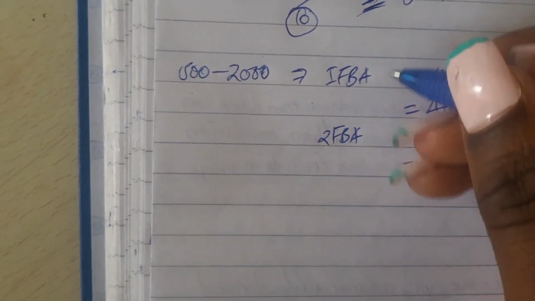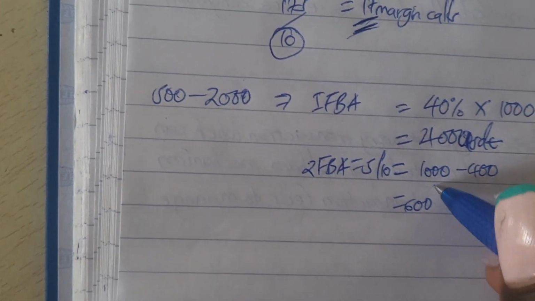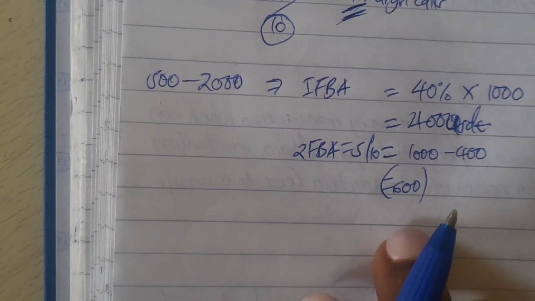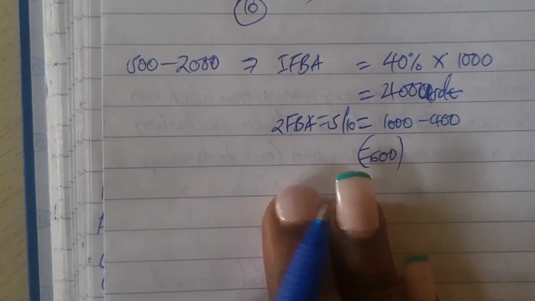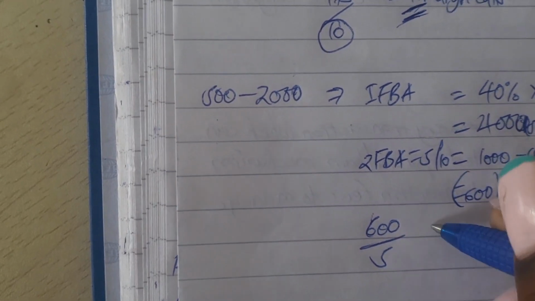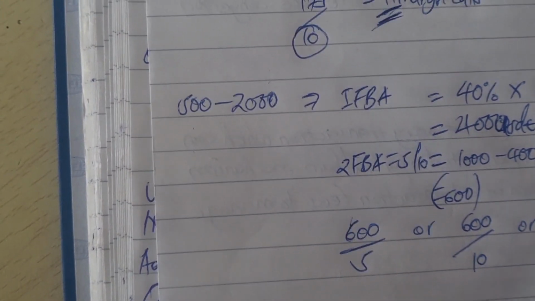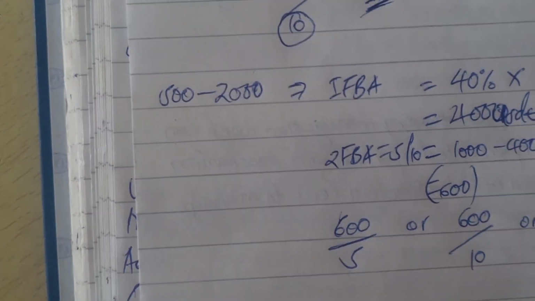So remember, our first buying amount is 5 or 10, but here we are getting the amount of money that is going to help us see the margin calls we need to use. So it is 600 by 5, or 600 by 10, or 600 by 15.